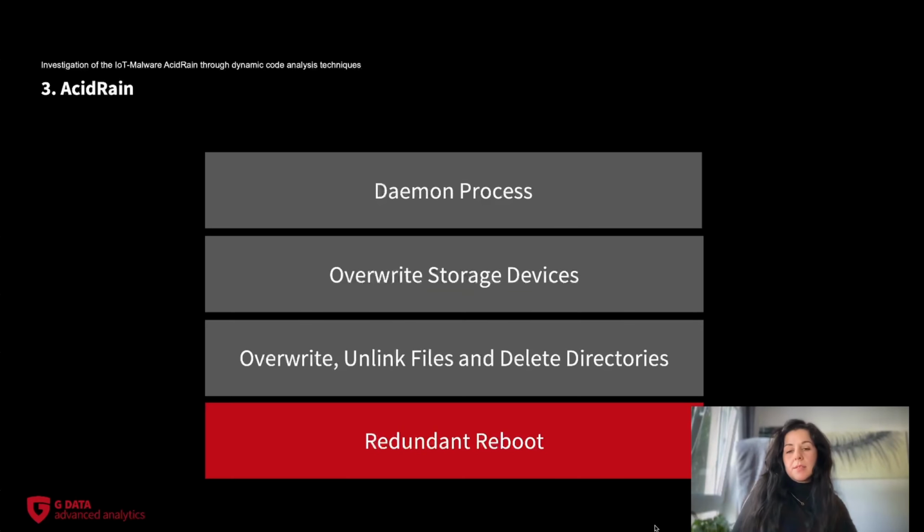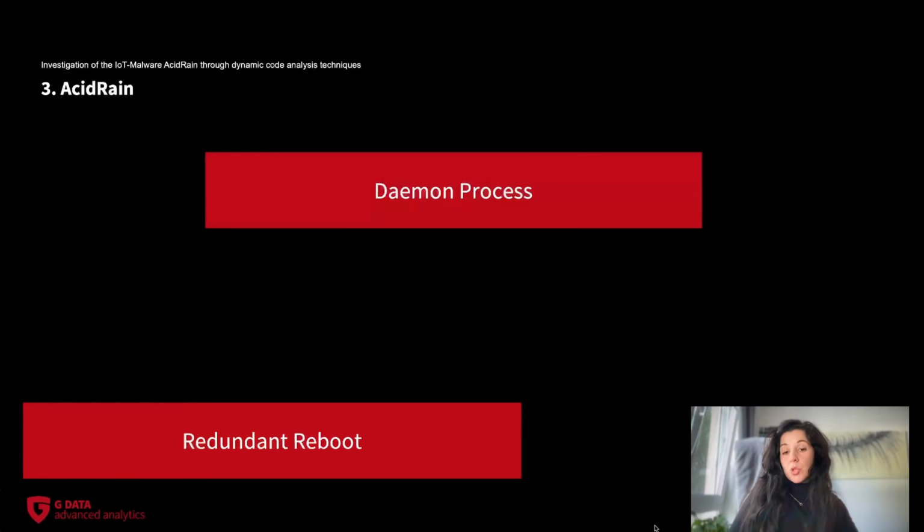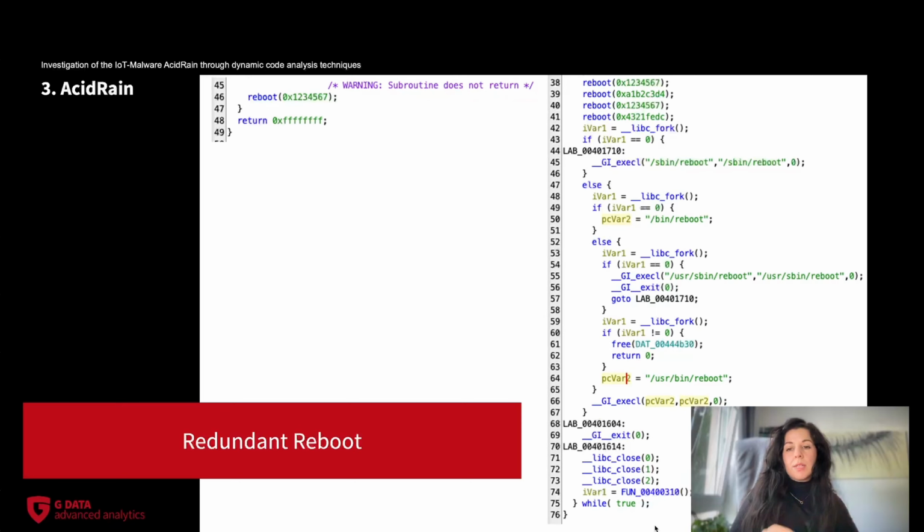The next step of AcidRain is the redundant reboot, and I will show you how it looks. On the left side, we see just one reboot and one return. This is the view when I open AcidRain in Ghidra, just for reverse engineering.